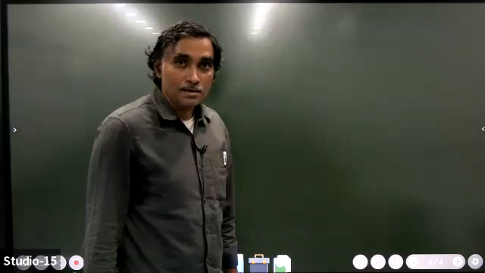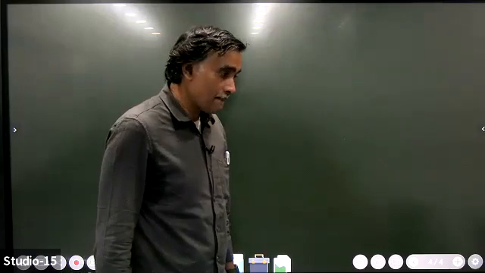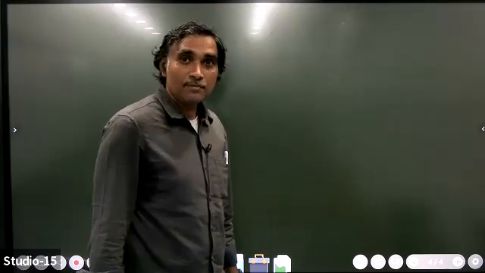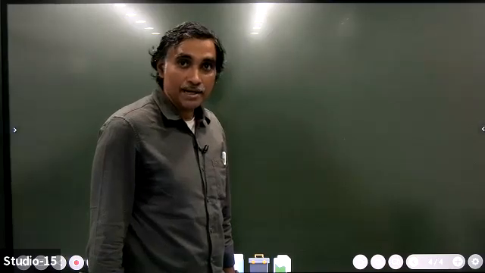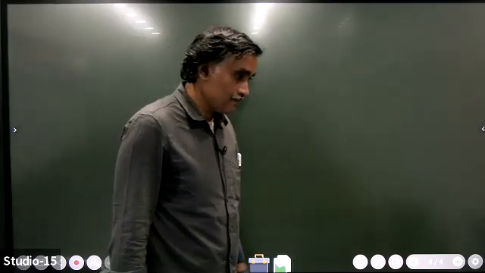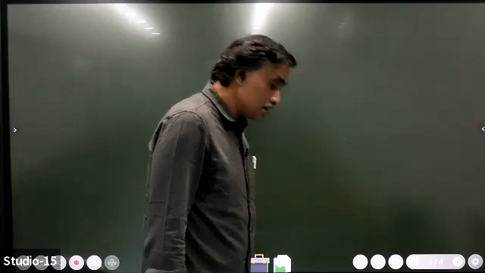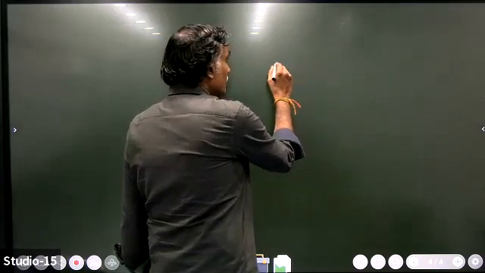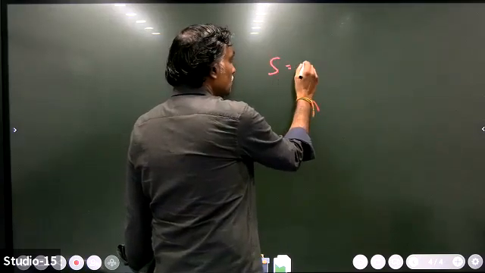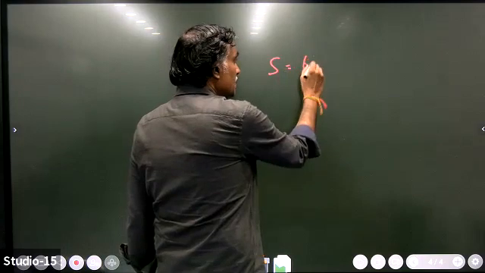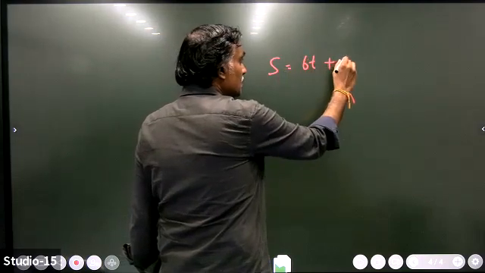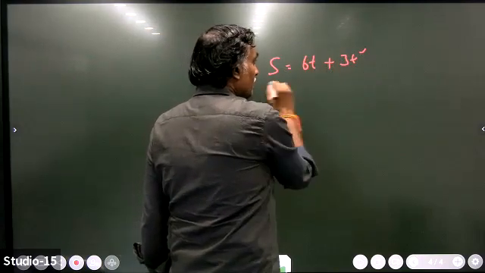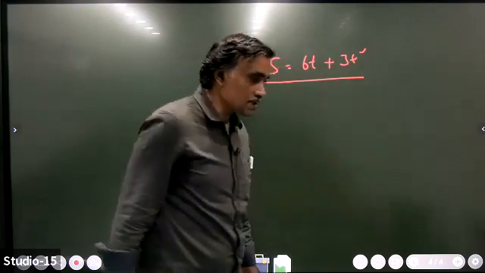Displacement of a particle moving along a straight line is given by S equal to 60 plus 3t square.